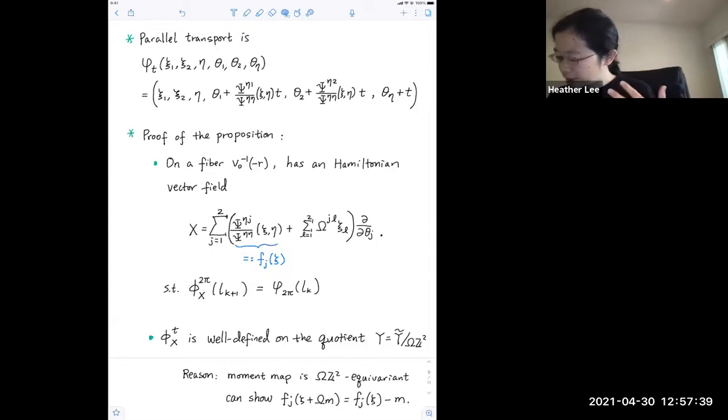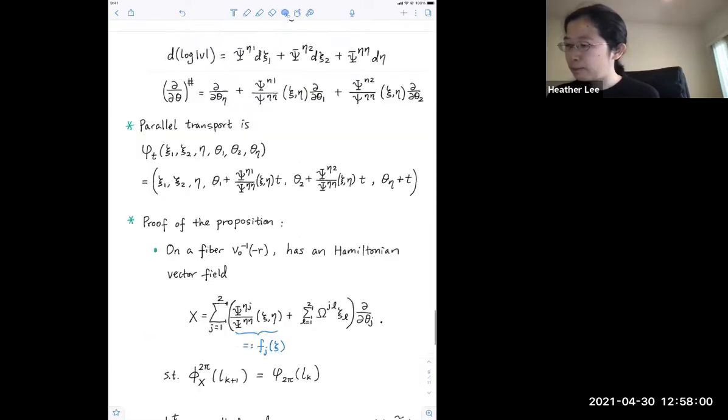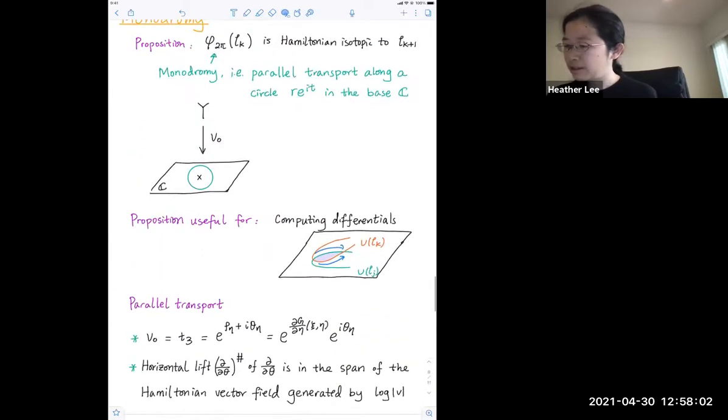And this function, with respect to the ω Z2 action, satisfies this identity, so that this fact will make this flow well defined on the quotient as well. So then that proves this proposition.